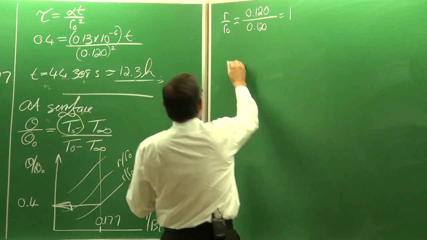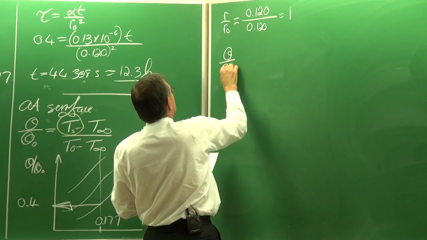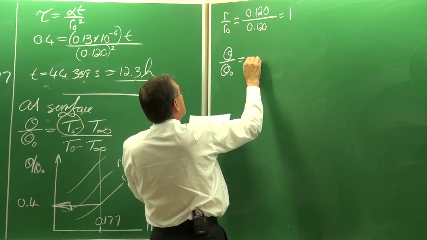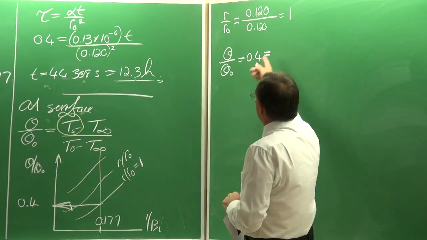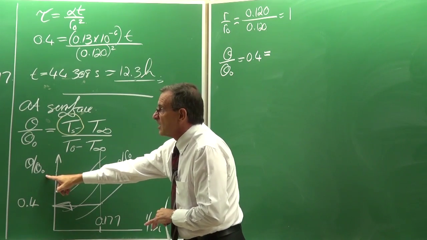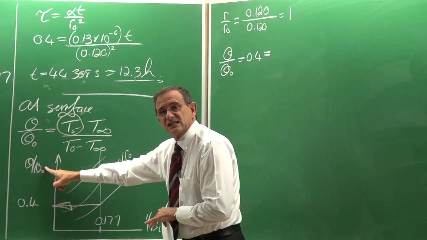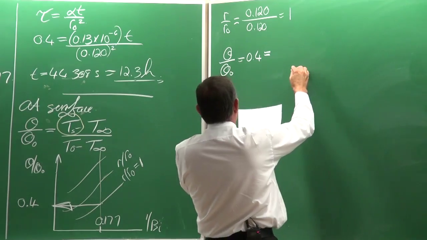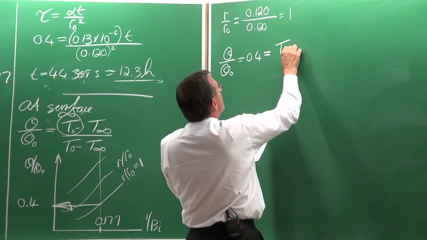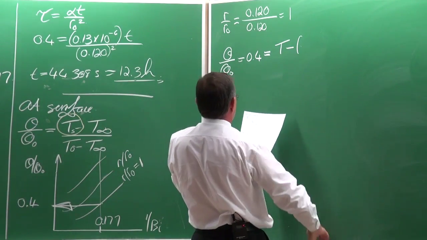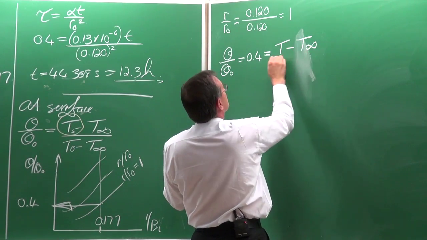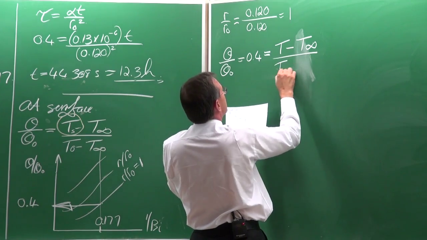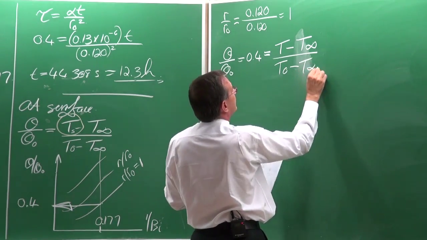Now that we've got theta divided by theta 0 equal to 0.4, on this axis it actually gives you the temperature distribution. It is equal to T minus T infinite divided by T0 minus T infinite.